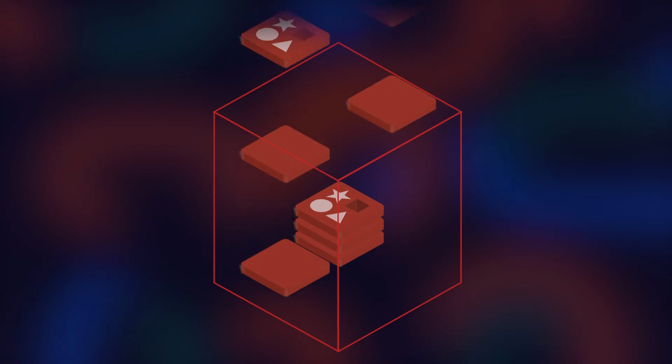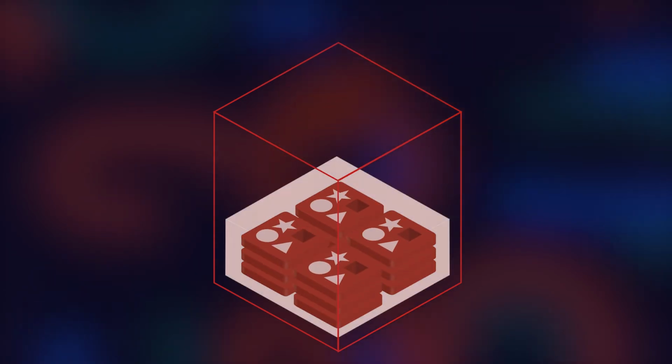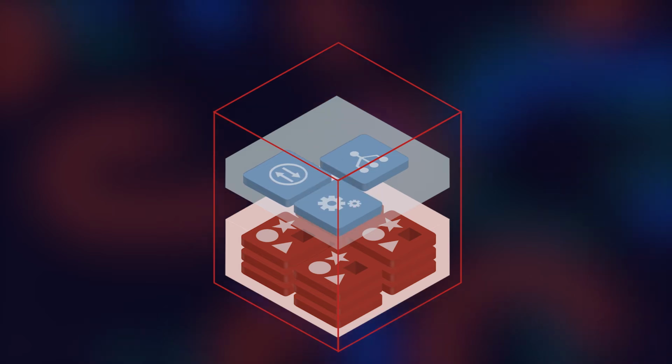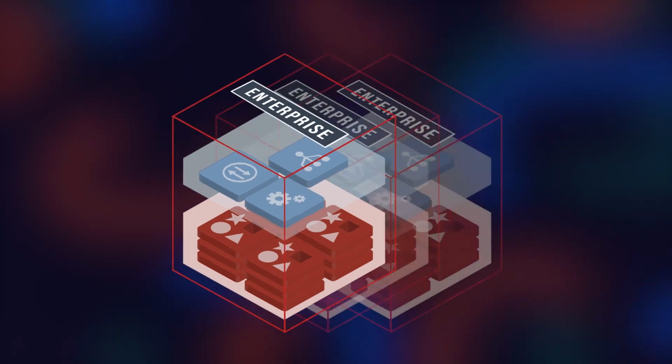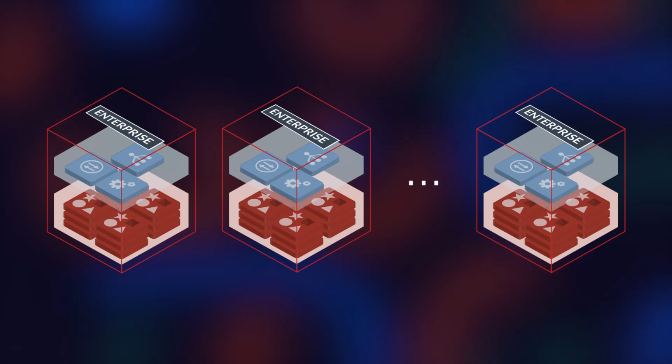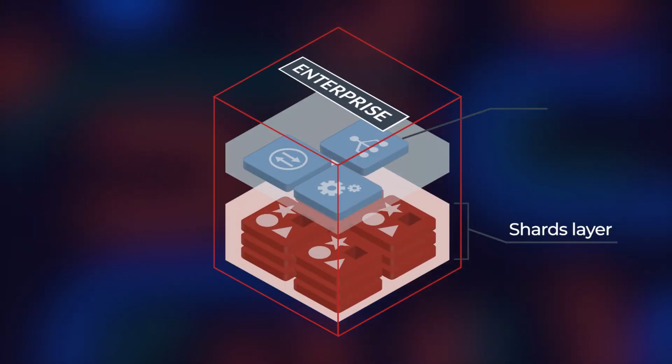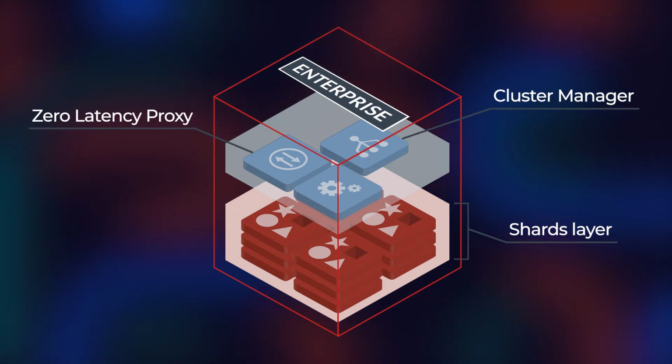A cluster in Redis Enterprise terms is a set of instances running on VMs or containers or bare metal servers that let you create any number of Redis Enterprise databases. A cluster includes shards, a cluster manager, and a zero latency proxy manager.